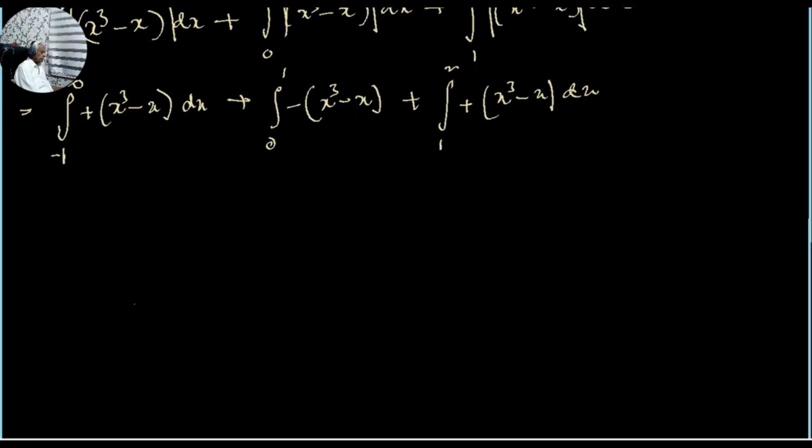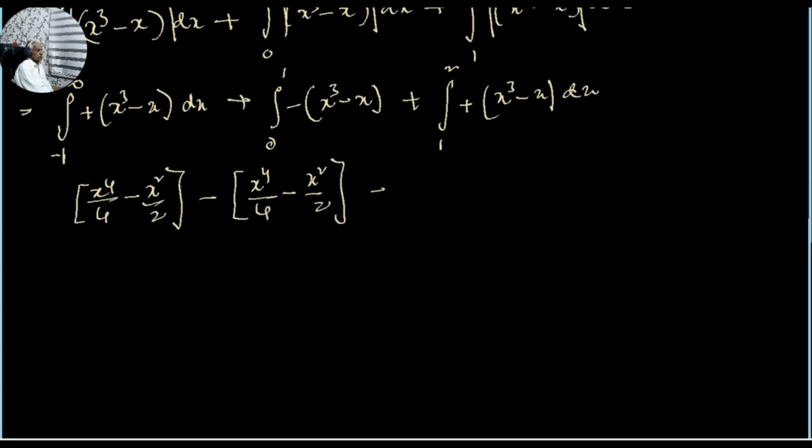So what do you get here? x power 4 by 4 minus x squared by 2, plus, this becomes minus, x power 4 by 4 minus x squared by 2, plus, same thing, x power 4 by 4 minus x squared by 2.